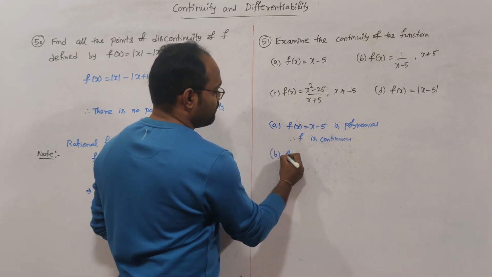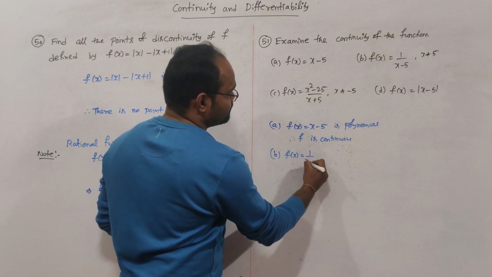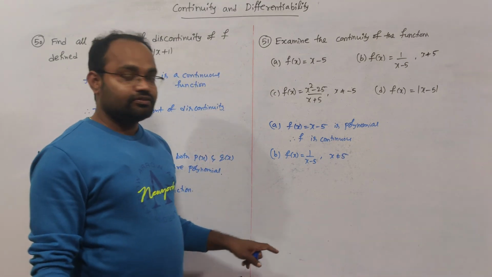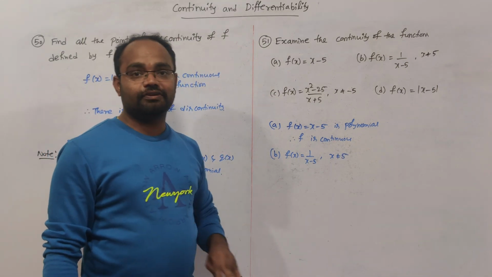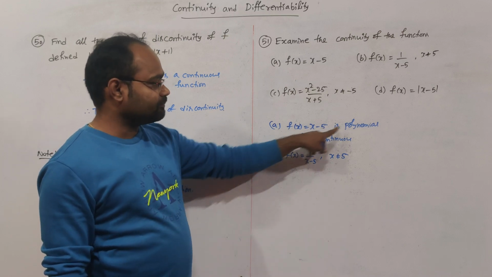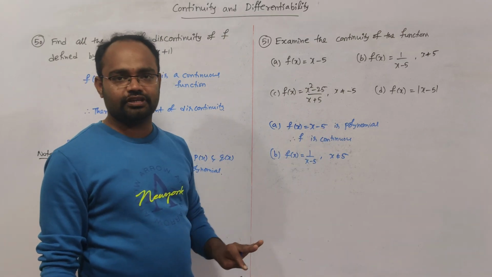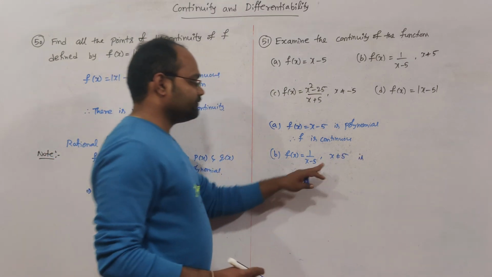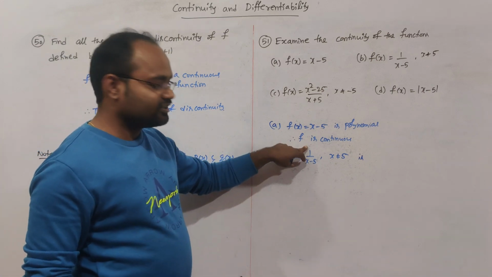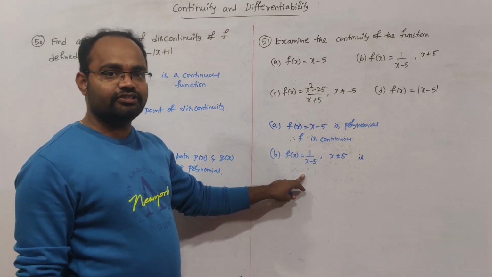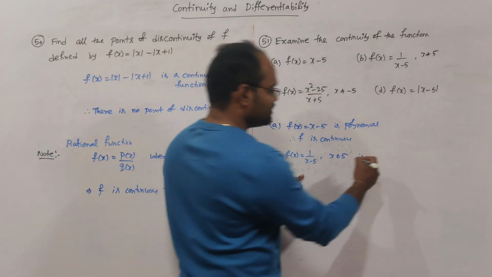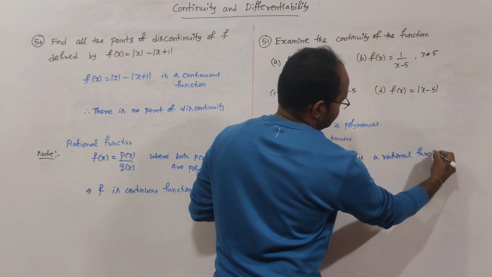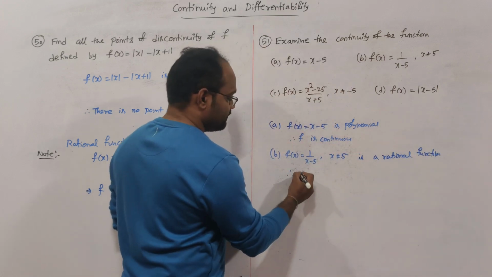Second one, f of x is equal to 1 by x minus pi, where x is not equal to pi. As I told, the reciprocal of a continuous function again becomes continuous. x minus pi is a polynomial, continuous, so its reciprocal is continuous. Or we can also take it as a rational function. The numerator is a constant polynomial, the denominator is a first degree polynomial, so it is a rational function, therefore f is continuous.